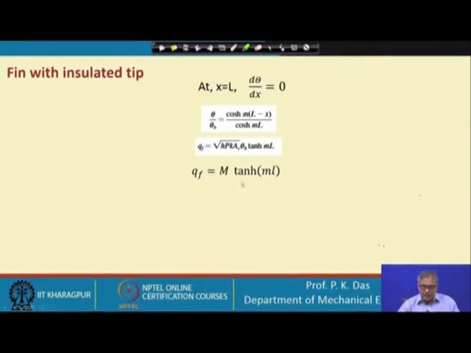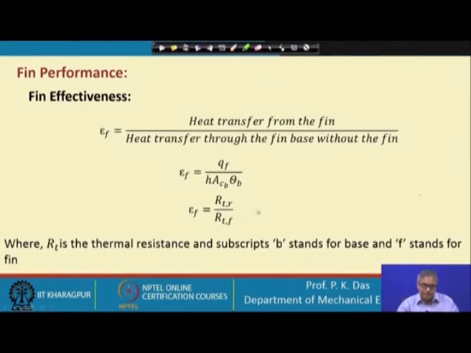Okay. With this, if we go for the next slide, we have got the heat transfer and we have got the temperature distribution. If you recall, probably the most common type of fin we have taken is a longitudinal fin, either of rectangular cross section, or some sort of a pin fin.